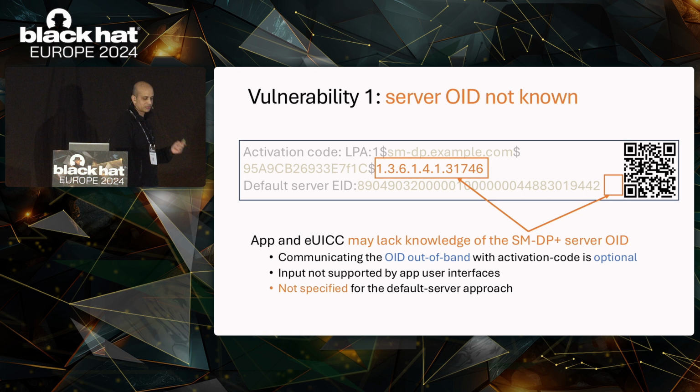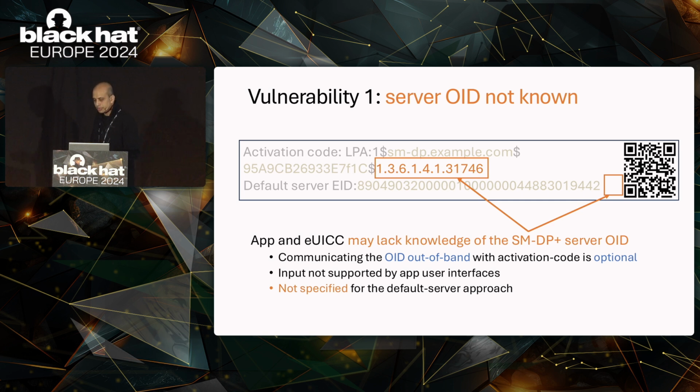Remember that in the first few slides we said there are two approaches, the activation code approach and the default server approach. In the activation code approach, this OID is usually missing. And in the default server approach, there is no way to insert or input this OID.